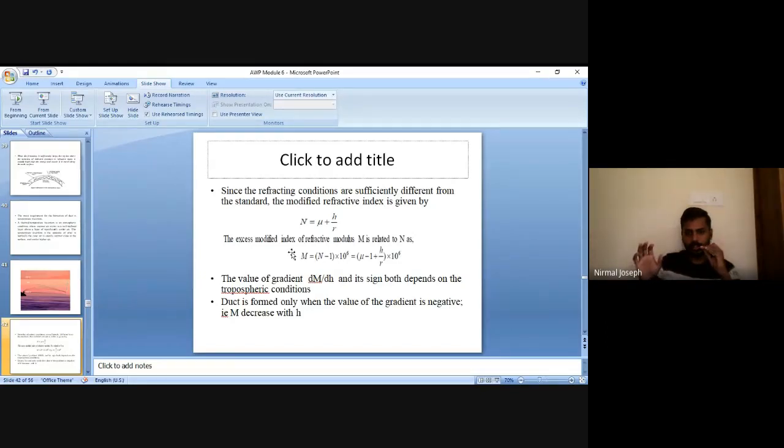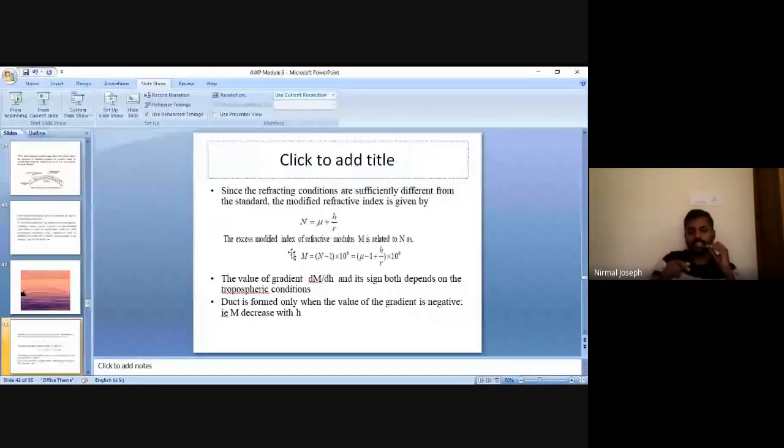So the modified refractive index is n = mu + h/r, where h is the height of the duct and r is the radius of the earth. Then we rearrange that into a new term called refractive modulus, denoted as M. M is nothing but (n - 1) x 10^6.